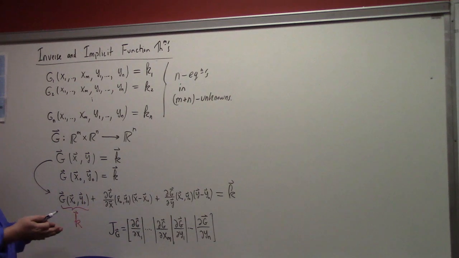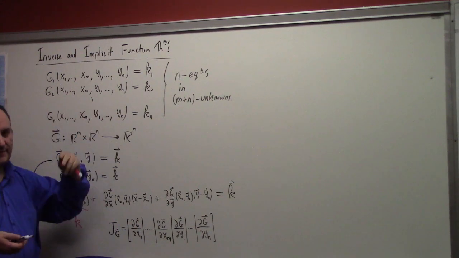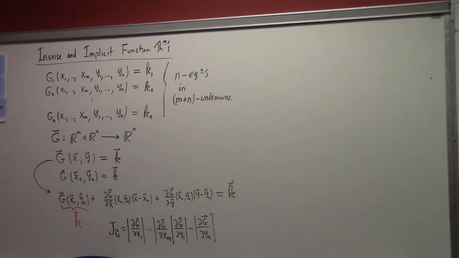That's just the usual Jacobian. That's my nomenclature, my set of variables. And so I think you can understand what the notation means now, right?